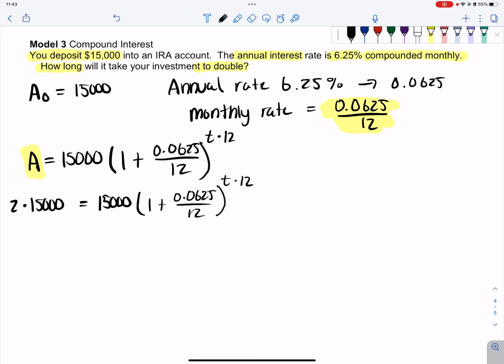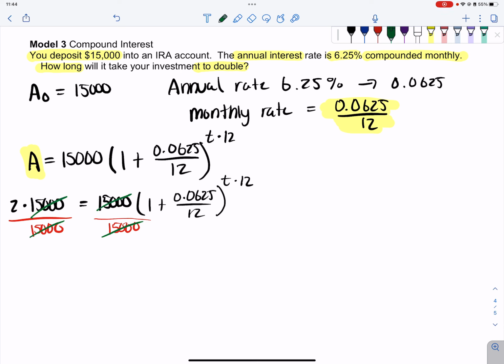The nice thing with these problems when we're asked for how long it will take for it to double is that our starting amount doesn't actually matter, because if you notice here, they're just going to cancel out. I need to divide by 15,000 on the right side to get rid of that there. And when I divide by the 15,000 on the left side, they're both there to just cancel out with this.